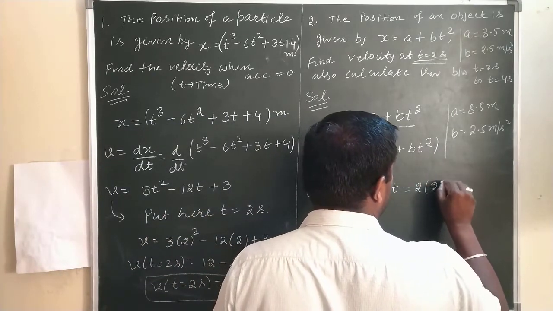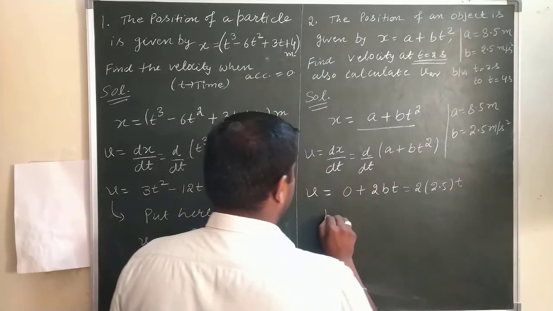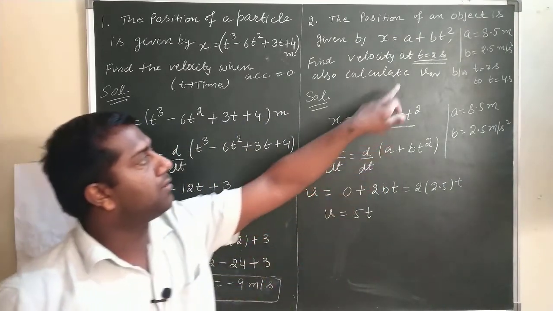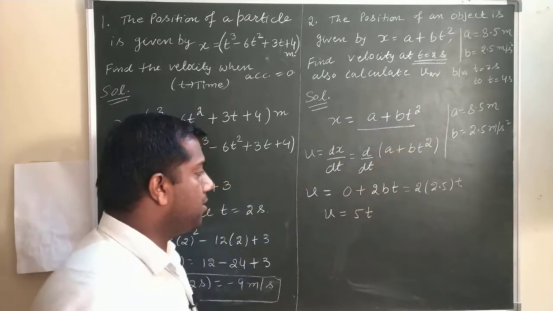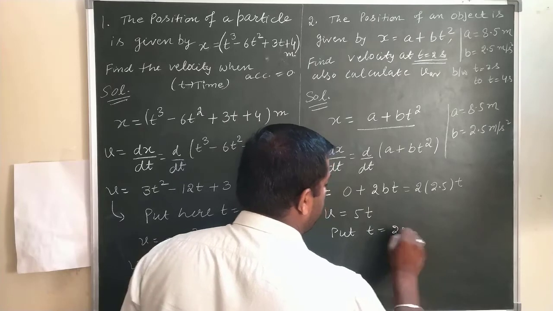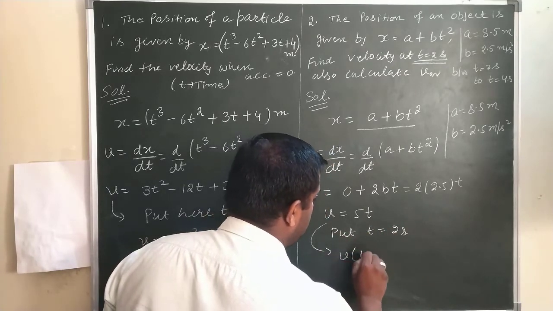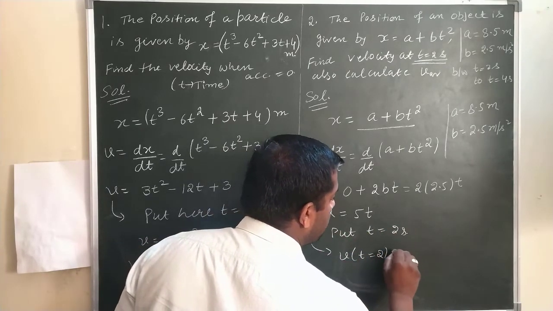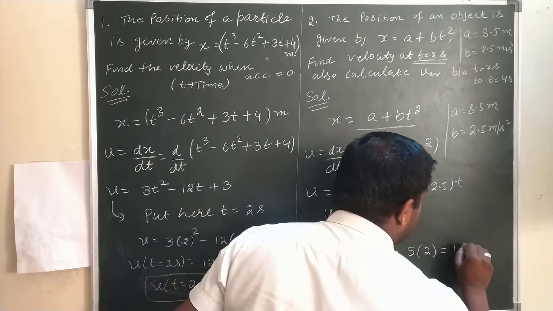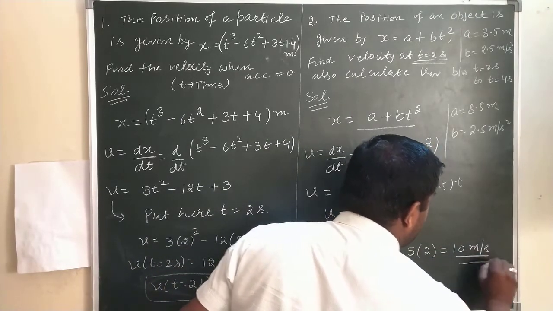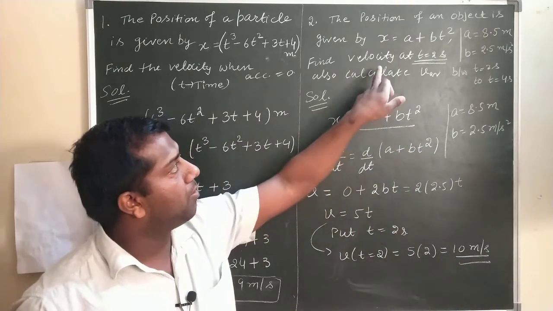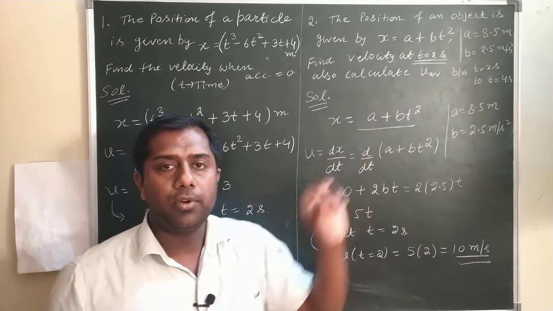This is 2.5 into 2t, means velocity is 5t. But we want to calculate the velocity at 2 seconds. So we will put t equal to 2 seconds. So what is the velocity at time t equal to 2 seconds? This is simply equal to 5 into 2, which is 10 meter per second. Clear? This is what we have calculated, the velocity at t equal to 2 seconds.